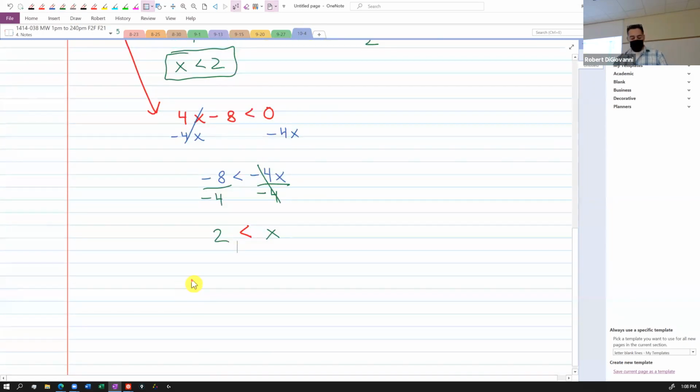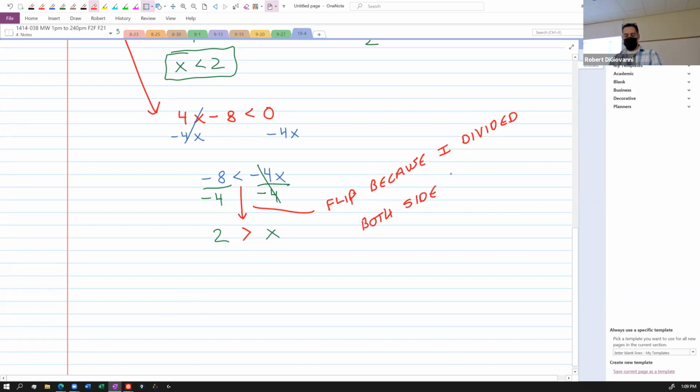So the reason this would be wrong is because I failed to flip. I have to flip it, because I divided both sides by a negative number.